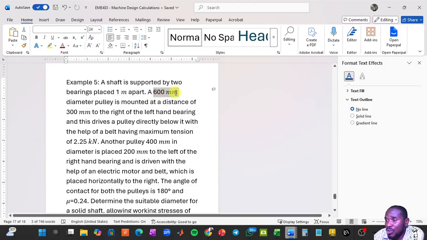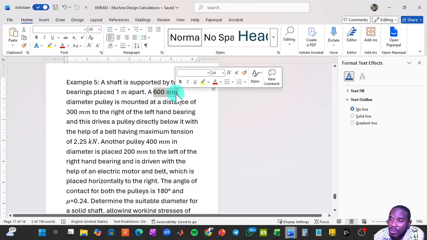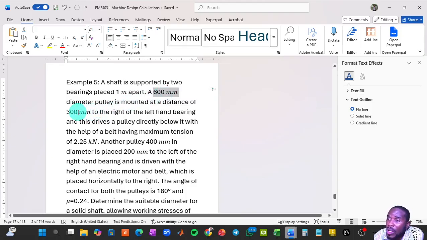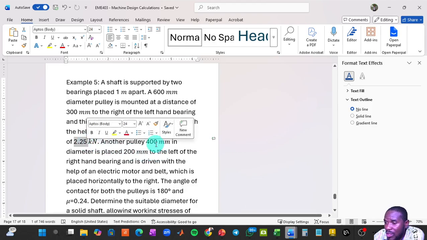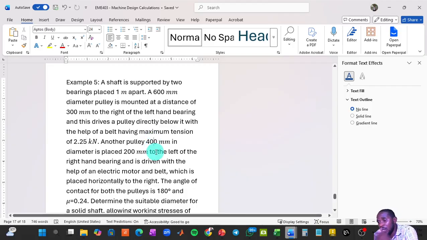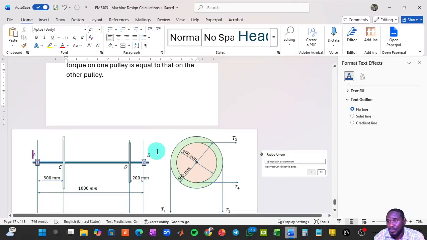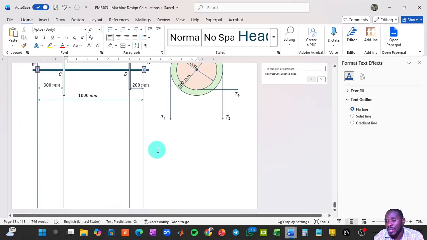We may write this so that it easily goes into our calculations. And then we'll call this pulley 1, and the other one pulley 2. This is taken care of. We'll take care of this tension. We know what that tension is. We will take care of this 400. So let's start. What have we been given?